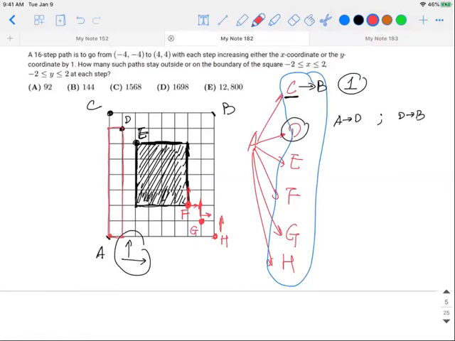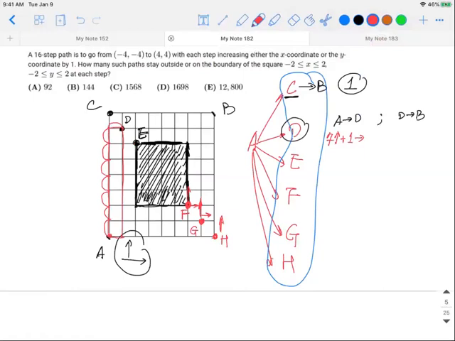To get from A to D, you have to walk up 1, 2, 3, 4, 5, 6, 7. You walk up 7 steps, and then you walk right 1 step. 7 up plus 1 right. In total, you have 8 steps.